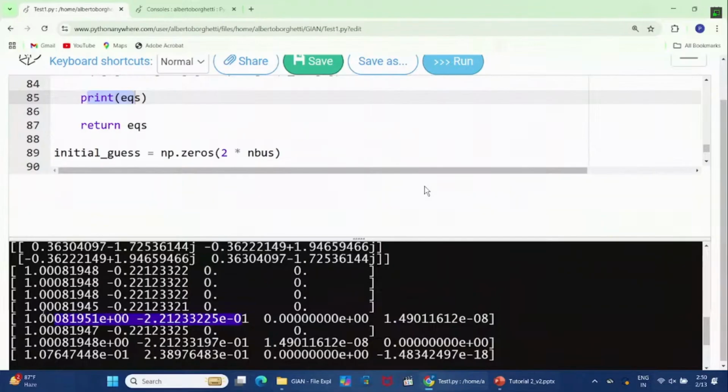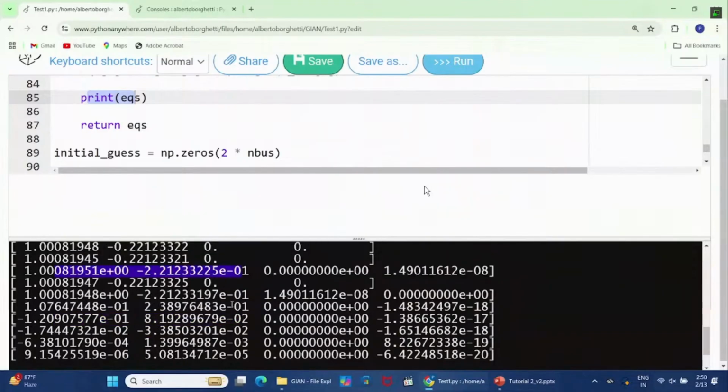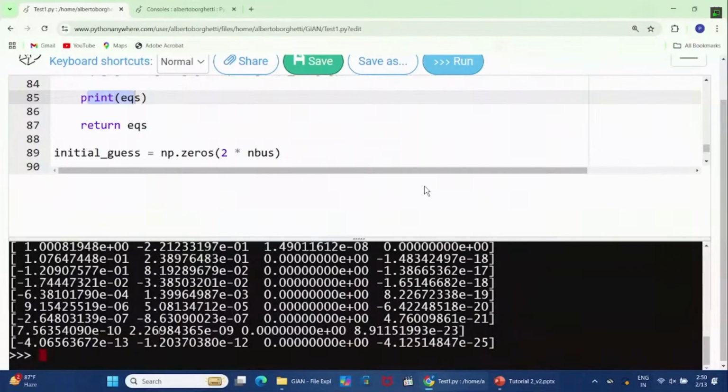This is 1008, but this is e-2, which means 10 to the minus 2, so it is 0.01. Then there are e-1, e-2, e-3, e-5, and the last row is e-13, e-12, no? And e-25. So these numbers are telling us that probably we have written something wrong in our function, but it has found a solution of the problem that we have given. So it reaches convergence.